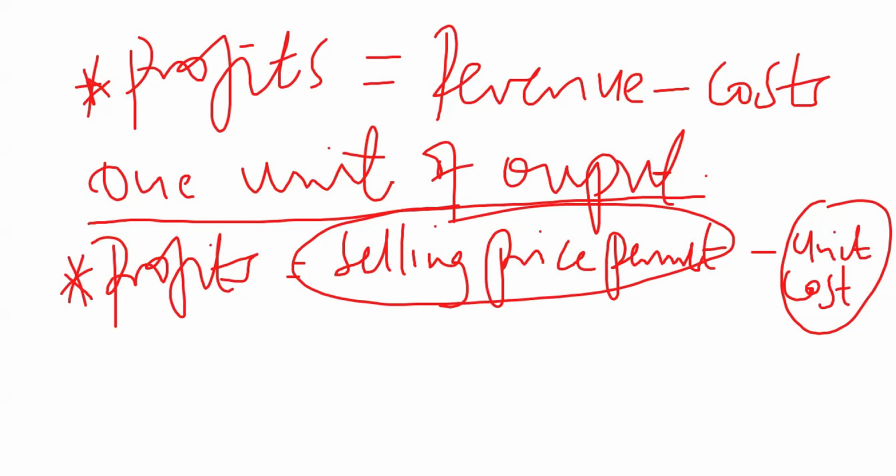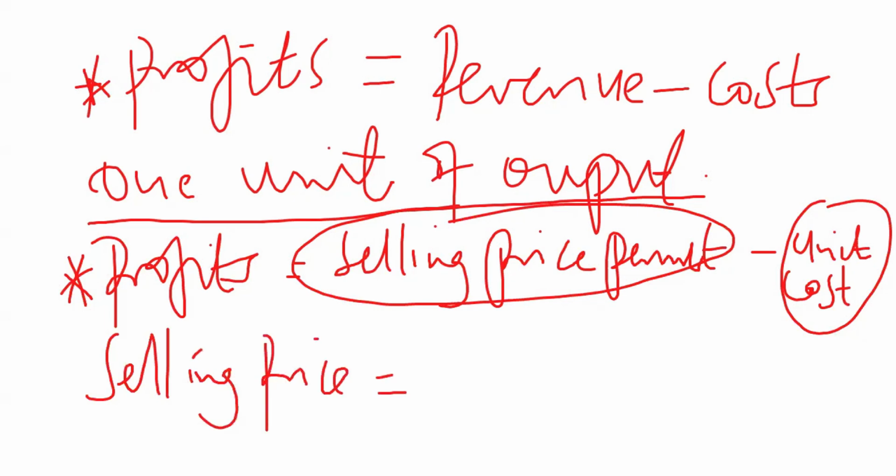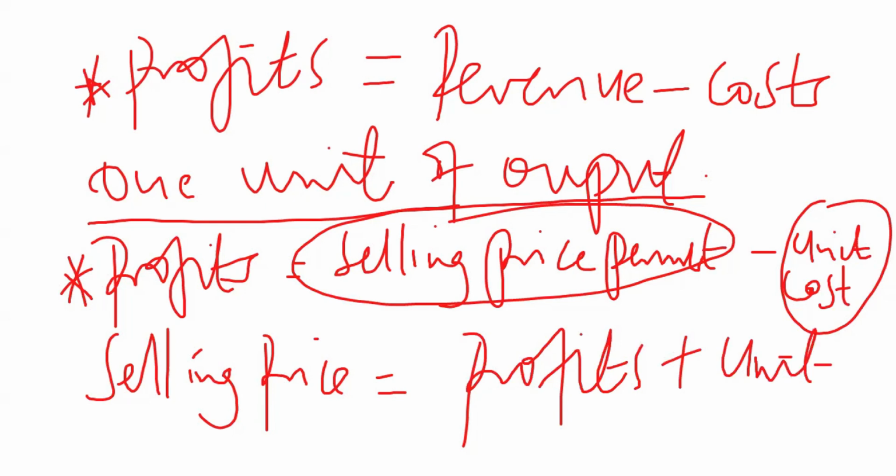But now we want the price or the revenue. In other words, we want the selling price. If we want the selling price, the selling price will be equal to profits plus the unit cost.